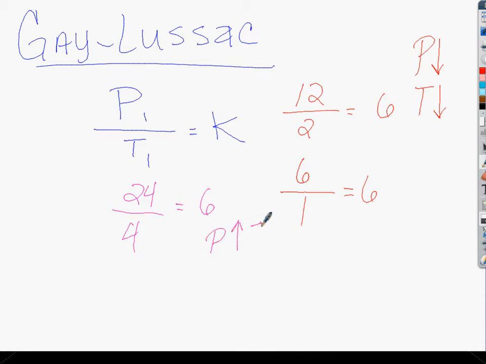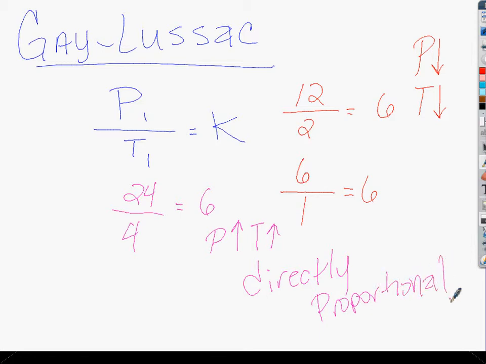Increased. So my temperature increased. So now we're at this thing where they both are going up. So that's what we call directly proportional. So pressure and temperature, they go hand in hand.